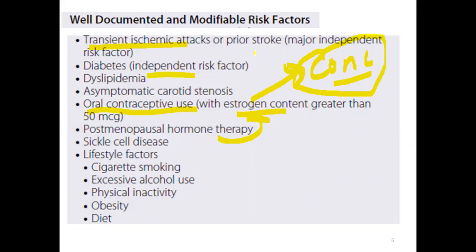Who is presenting about sickle cell disease? The group members. Can one group member tell us why sickle cell disease increases the risk?